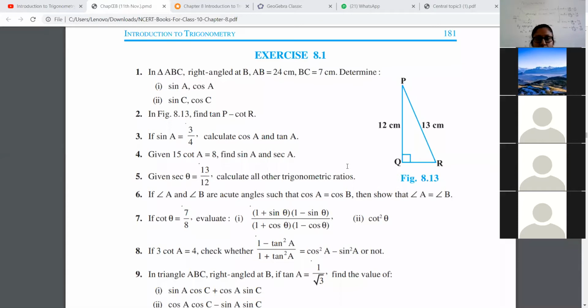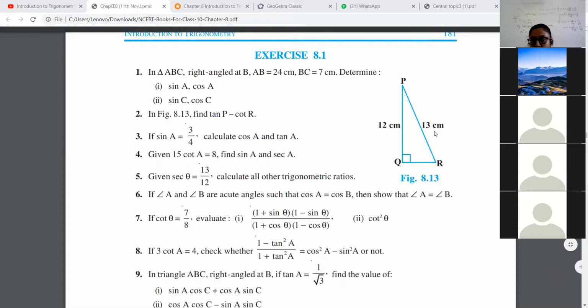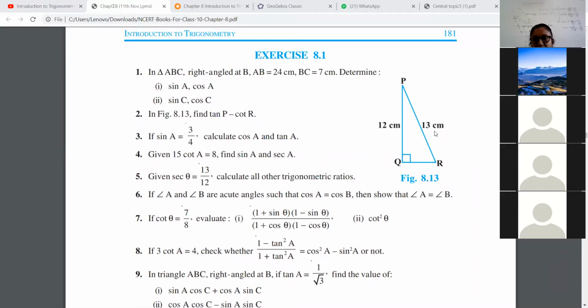Now I think you should be able to complete the second, third and the fourth in your classwork itself. Because here also there are right triangles and some ratios are asked. So you should be able to find out what are those 3 sides using the Pythagoras and then find out the ratios. Because ratios are just introduced to you now, you should be able to exactly recall the ratio and substitute the values to get the exact value.